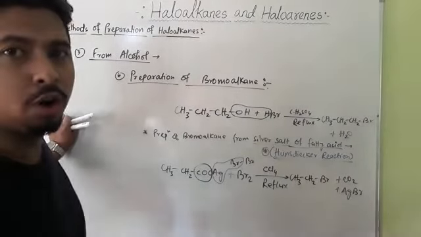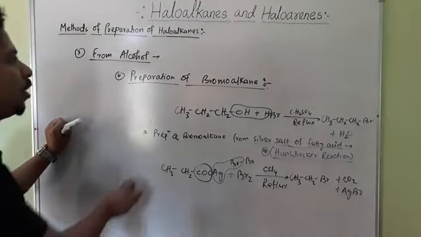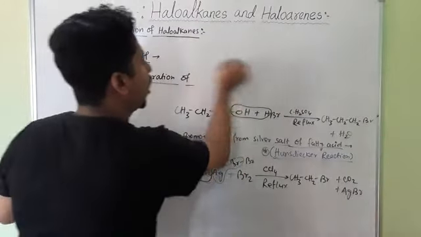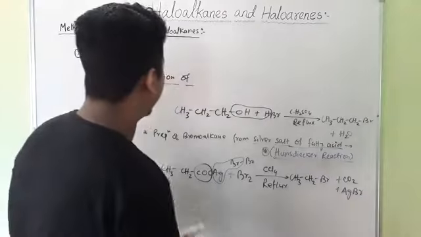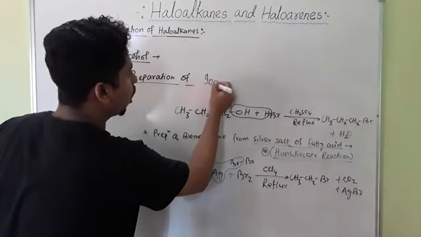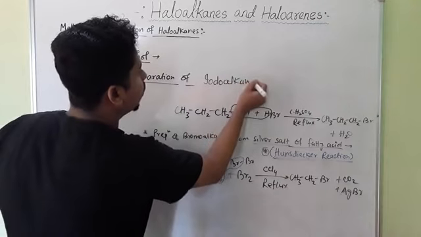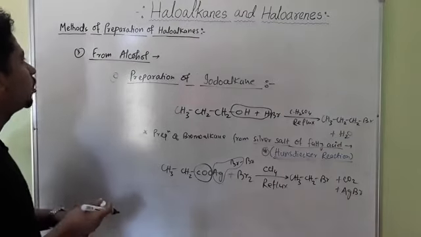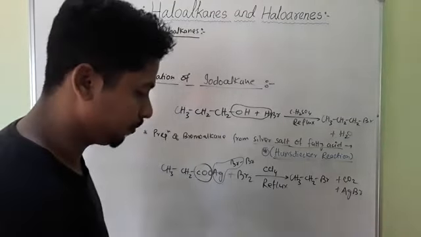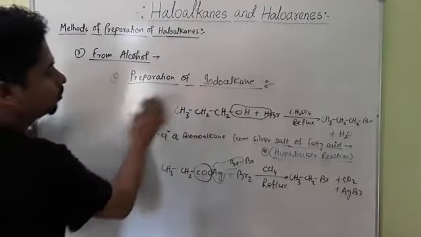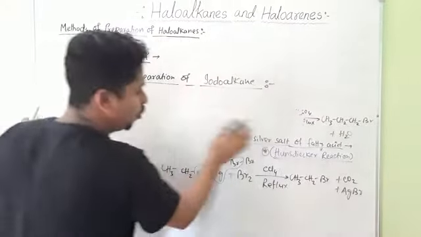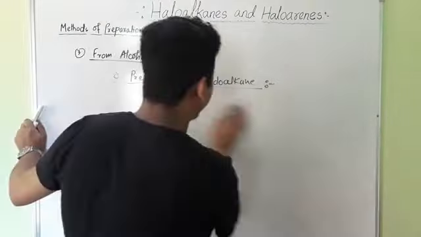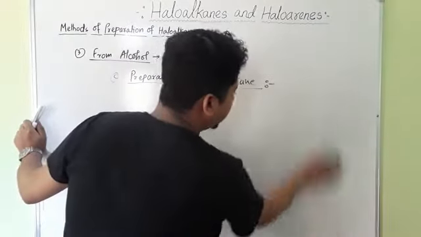Now we are going to discuss the preparation of iodoalkane, number C. Similarly, following the previous method, we can prepare iodoalkane: an alcohol on treatment with hydrogen iodide, HI, produces the iodoalkane.